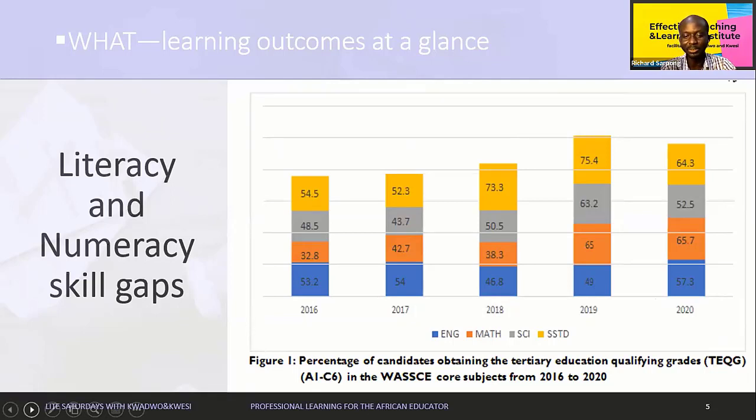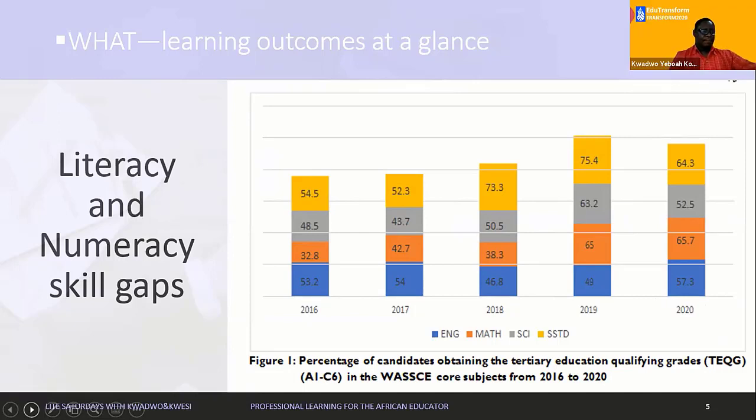with the results released by WAEC, if you look at WAEC performance in the core subjects of math, English, science, and social studies, which are normally the grades that the universities use to make admission decisions.